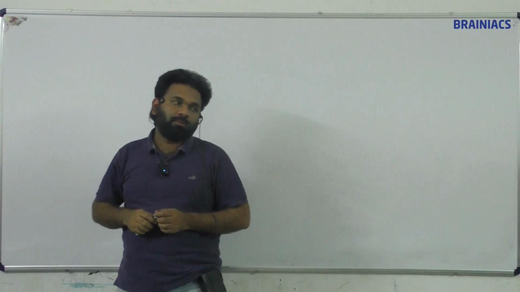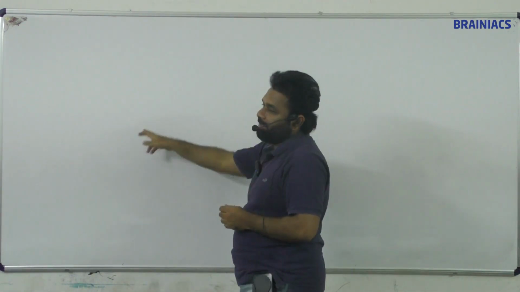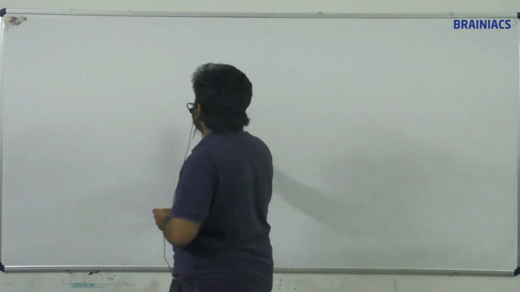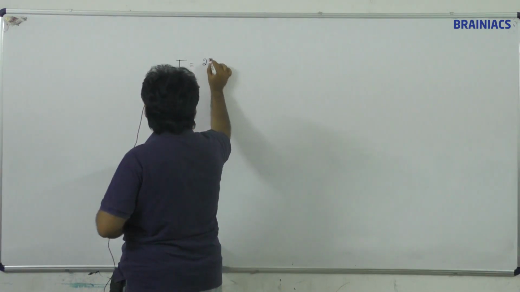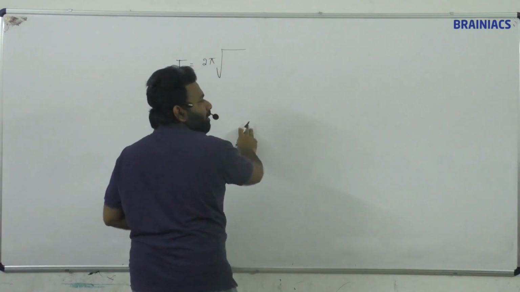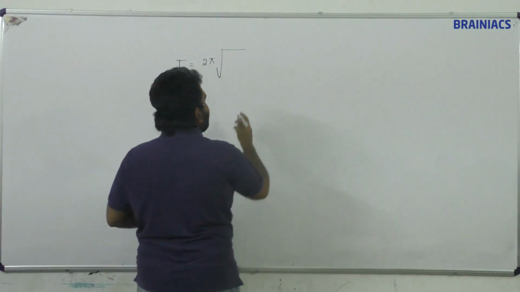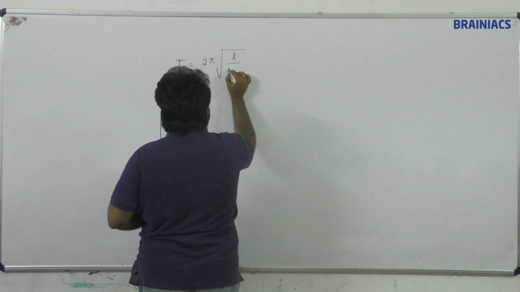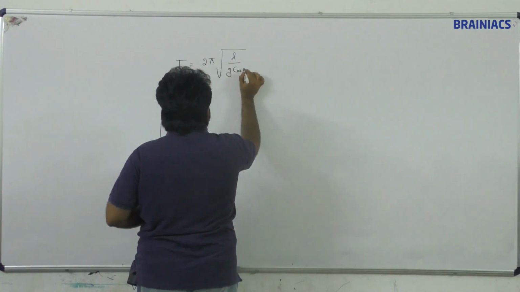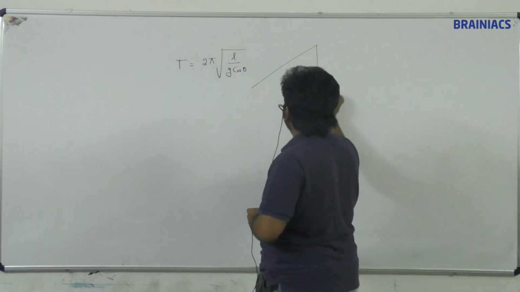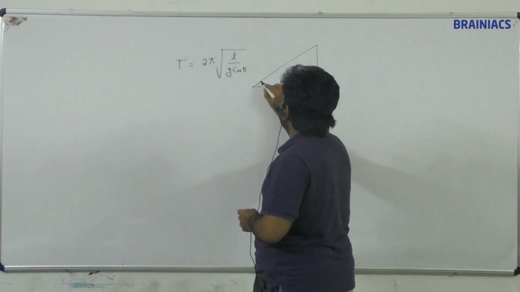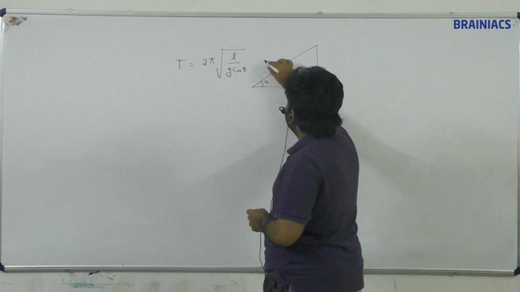If it is coming down the inclined plane, the time period is going to be T equal to 2 pi root of L by g cos theta.